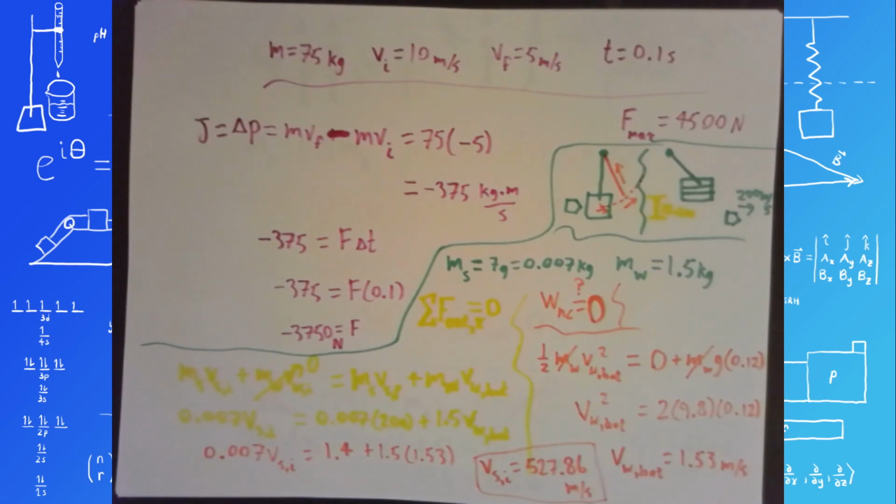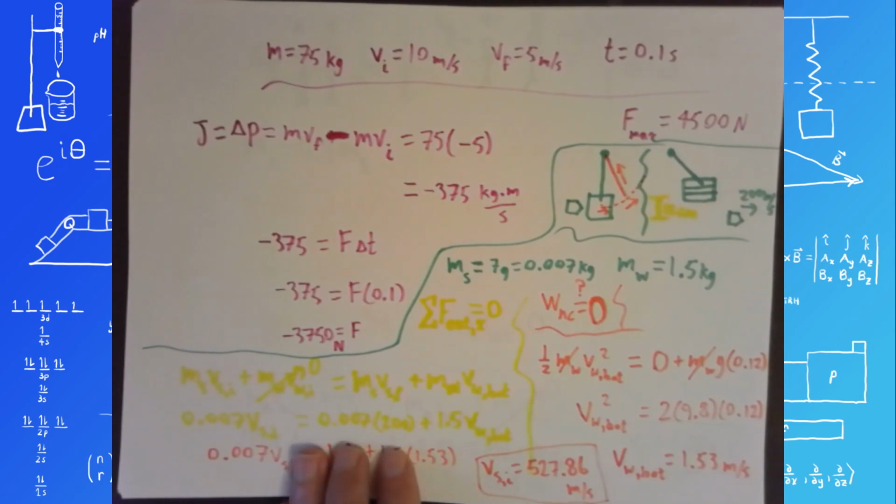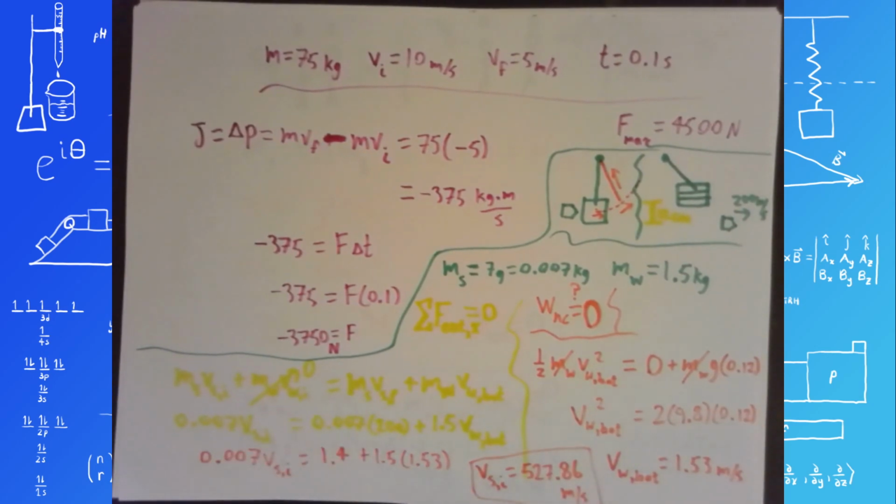Did I convert correctly? Yeah, it was 7 grams, so 0.007 in kilograms. Nothing is wrong there. Did I calculate this right? 0.007 times 200. I did that one in my head, but let's double check with the calculator. Yeah, it's 1.4, so nothing wrong there.